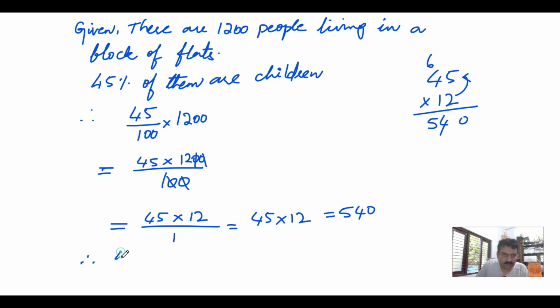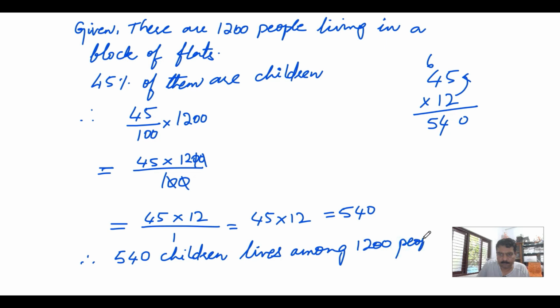Therefore 540 children live among 1200 people in a block of flats. This is what we have studied. This is the answer, 540. Now let's go to the next question.